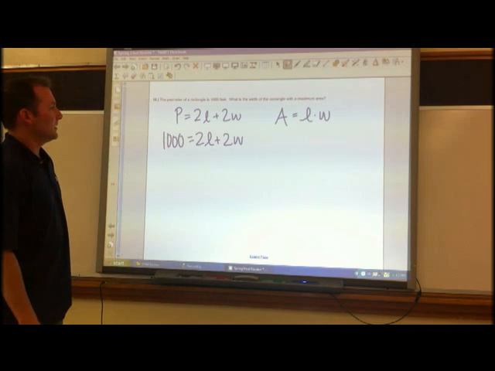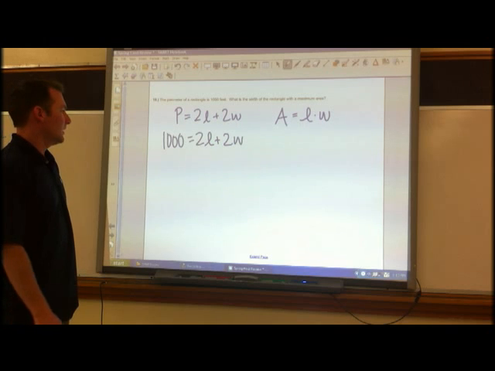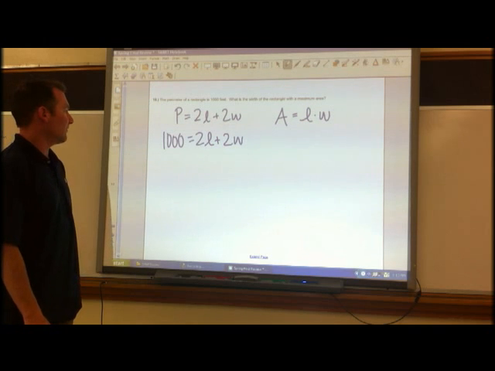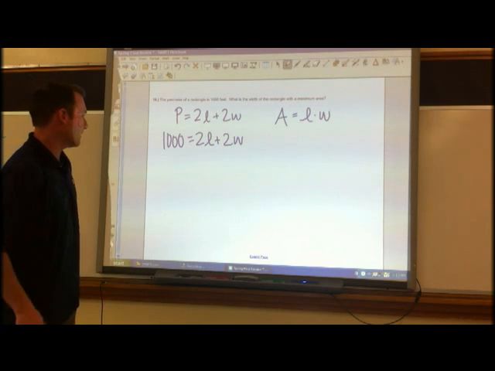Well, in this case, our perimeter is 1,000. And we ultimately want to solve for the width of this thing. And so I'm actually going to solve for L in terms of W in here.